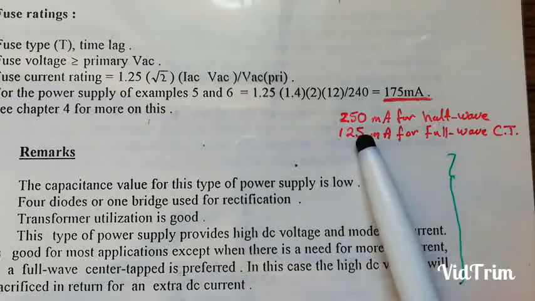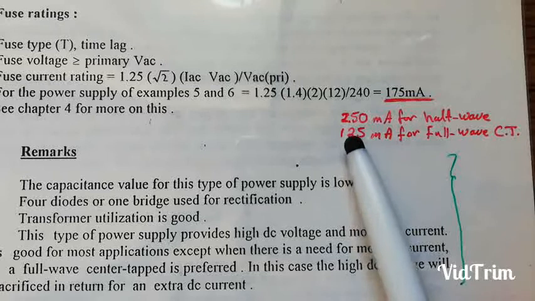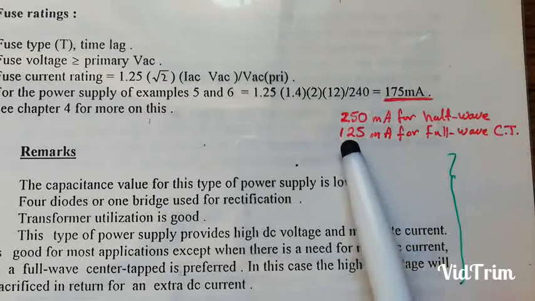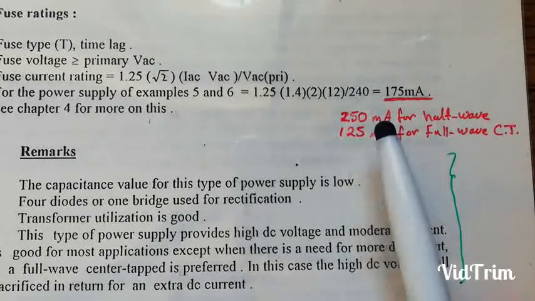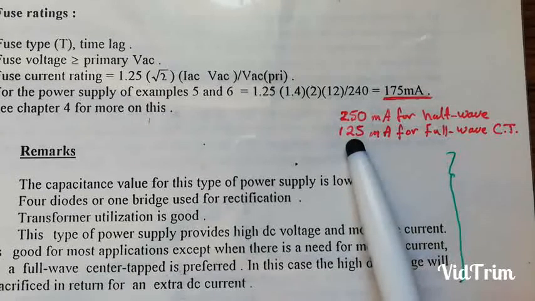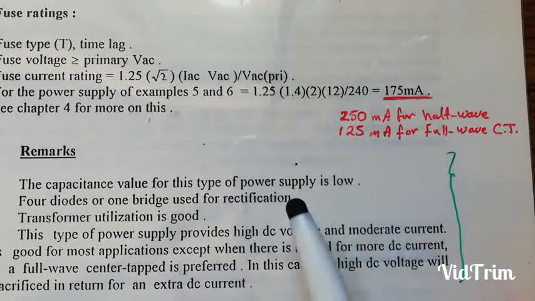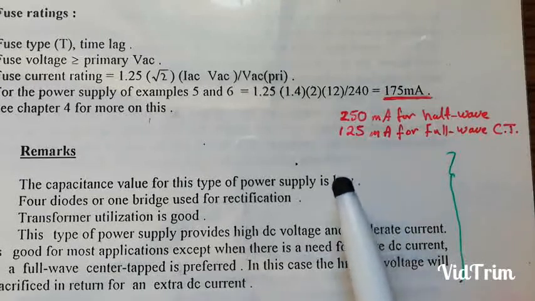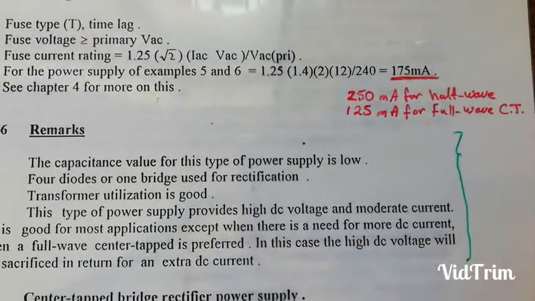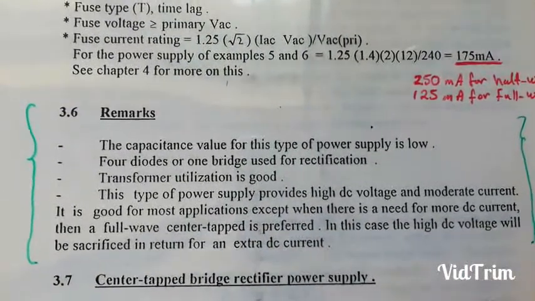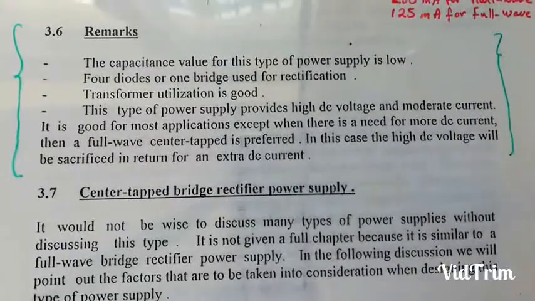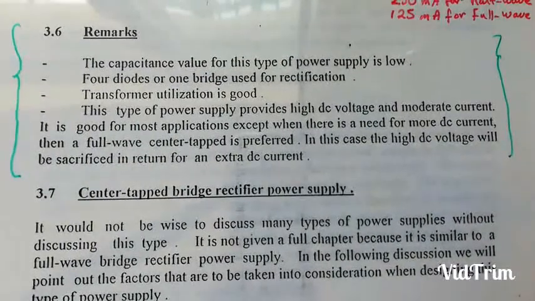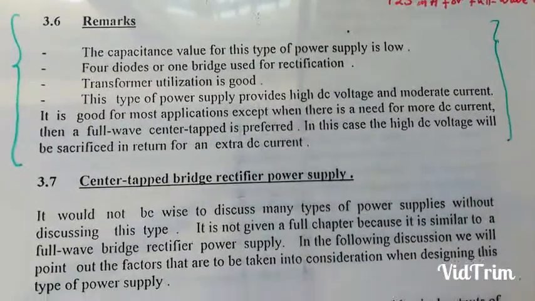The 125 milliamps tells you exactly that that transformer was fully relaxed when it was operating. The value of the fuse tells you that. The same transformer only needs a 125 milliamps fuse. Okay, further the remarks, I'm not going to read them. You just fix that screen in there and read them if you're interested.